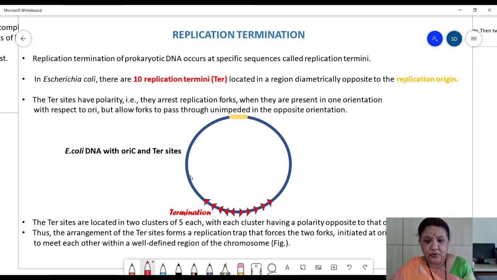The replication forks get terminated in this particular region, ensuring that each DNA strand has been duplicated completely, and this particular orientation of the termination sites is responsible for ensuring this. So in our next slide we can see.